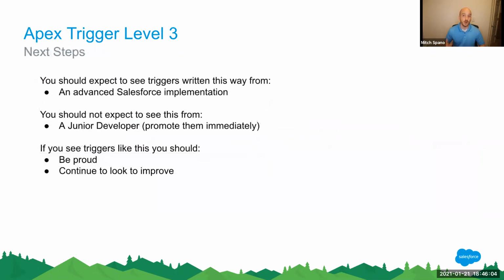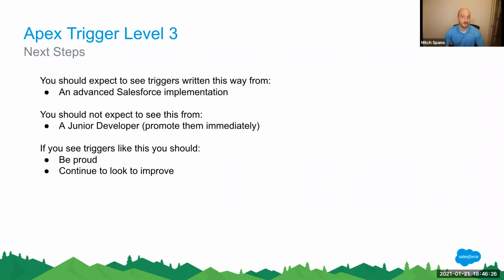So if you log into your Salesforce org and you see this, you know that you have an advanced Salesforce implementation. You do not expect to see this from a junior level developer. If somebody authors something like this and they have the title of junior developer, please give them a promotion, because if you don't promote them, somebody else is going to come in and scoop them up.